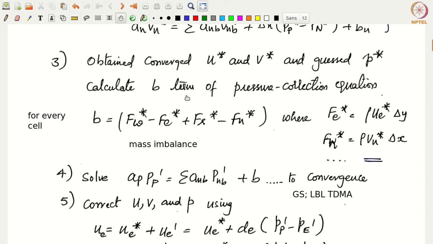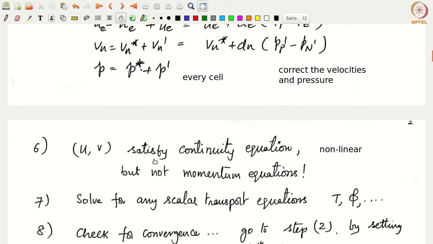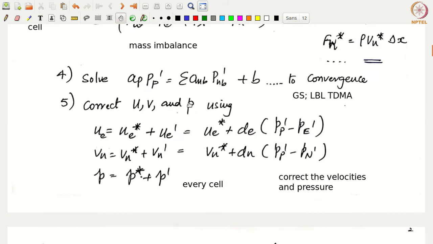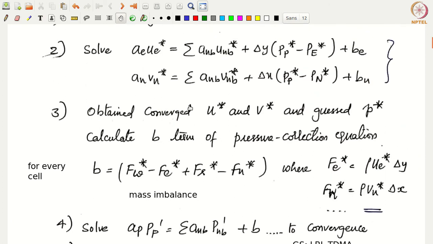But the u and v and p that you got would not satisfy the original momentum equation, right? The continuous momentum equation is still not satisfied by this u and v. So if the momentum equation were linear, then there is no problem, because these coefficients a and b would not have had any nonlinear component which were linearized here.